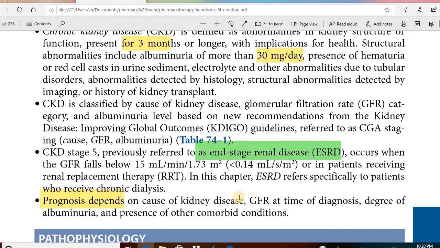So his kidney is damaged maybe due to medication, due to other comorbid conditions, and its GFR levels. So this is the introduction of chronic kidney disease.